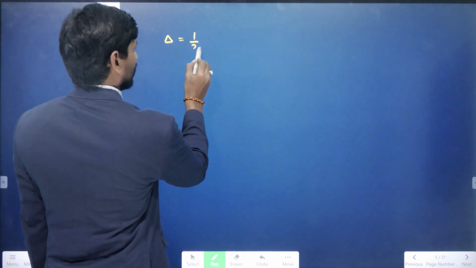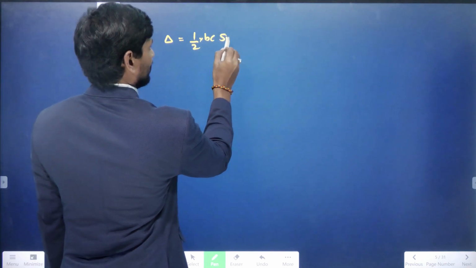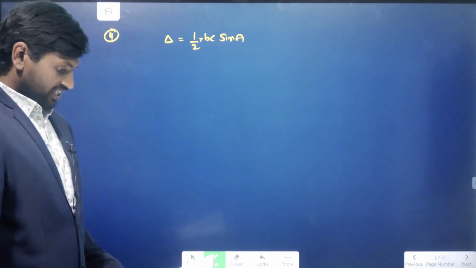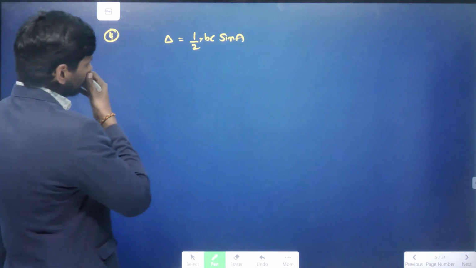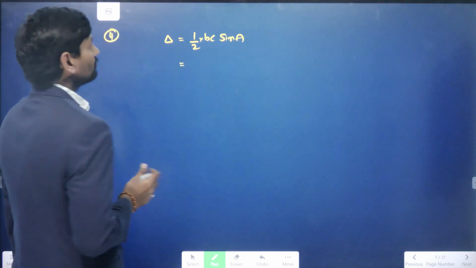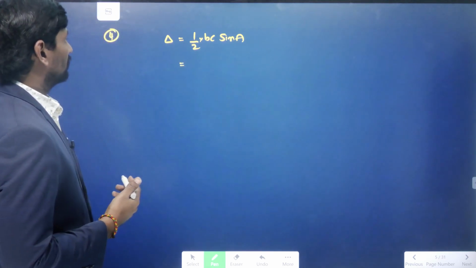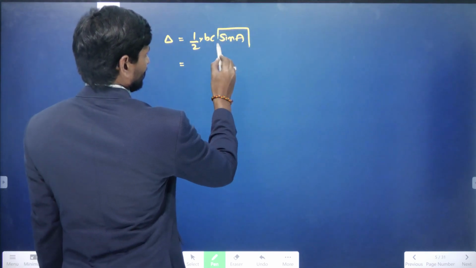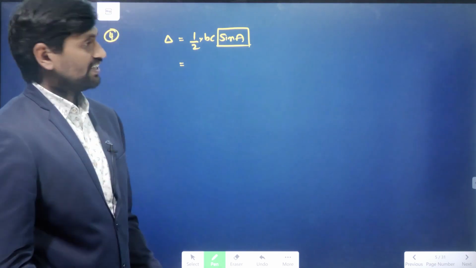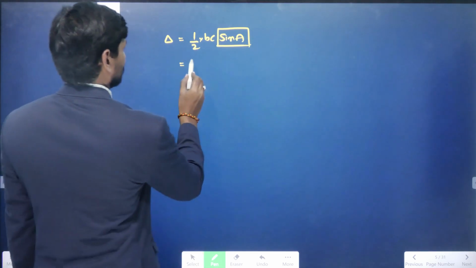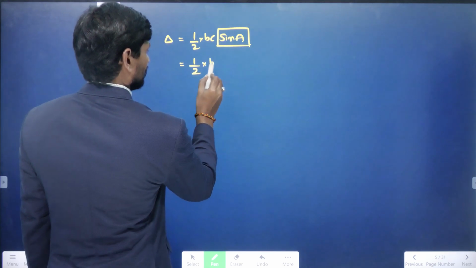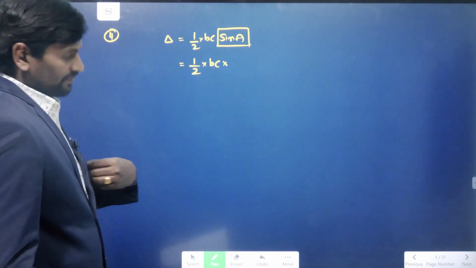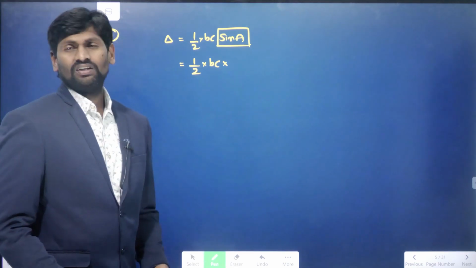Area of a triangle is equal to half BC sin A. According to the options, in the place of sin A we can write this.